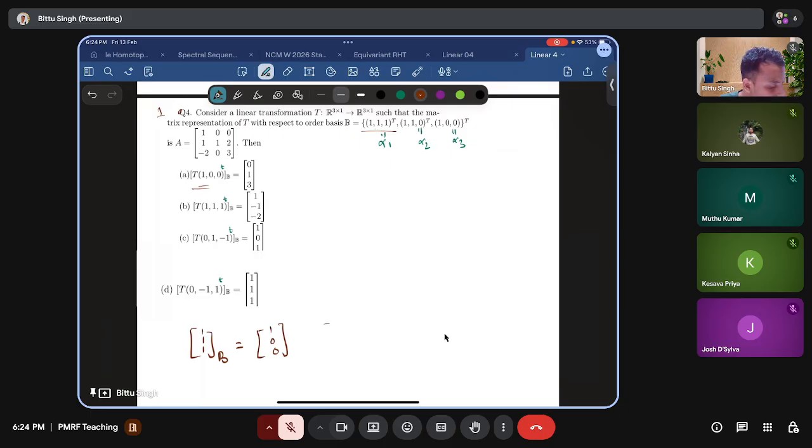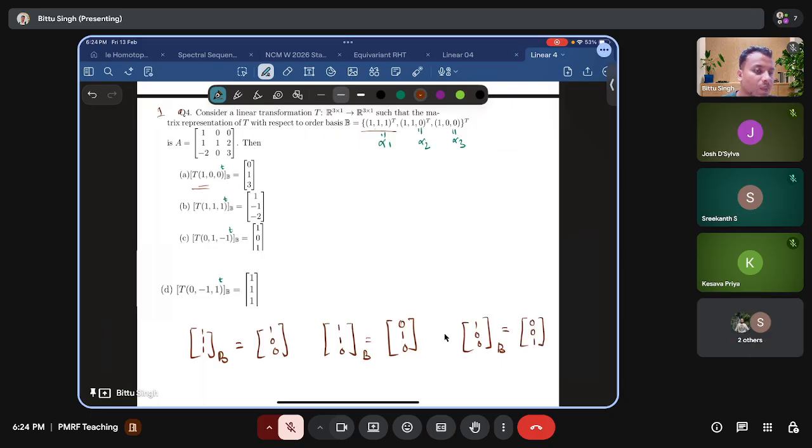Similarly, the coordinate of 1 1 0 with respect to basis B is simply 0 1 0. And what about 1 0 0? It is the third entry, so its coordinate will be 0 0 1.